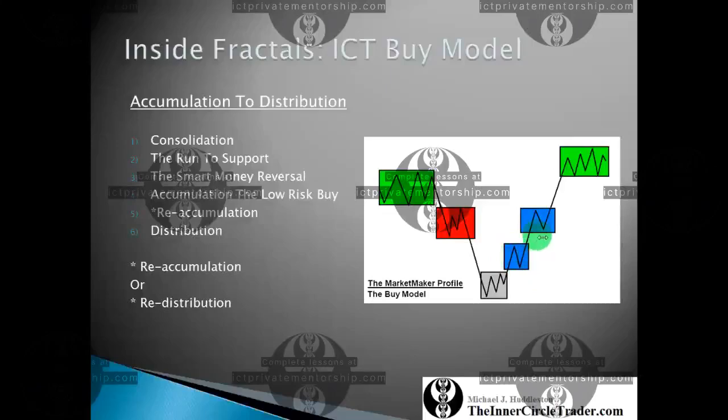Then we have the next higher blue area. Okay, and this can be a little bit tricky. This is where higher time frame directional premise is going to be advantageous for you. Because this is the very area that will many times catch you out if you're wrong on your prognostication of where the market's going on the higher time frame.